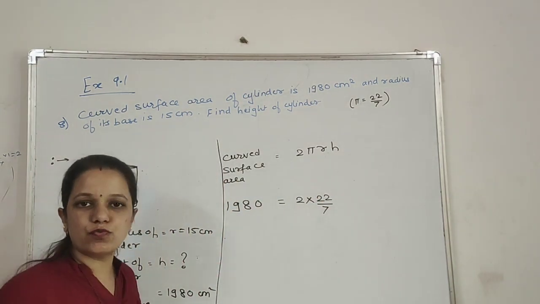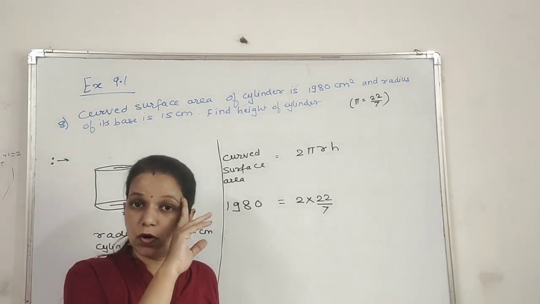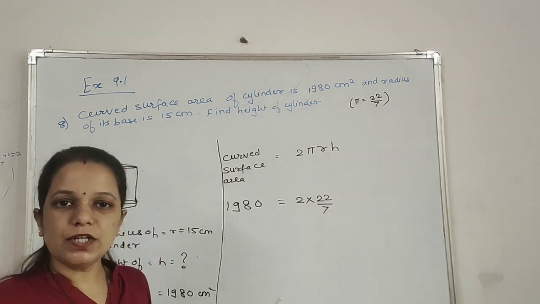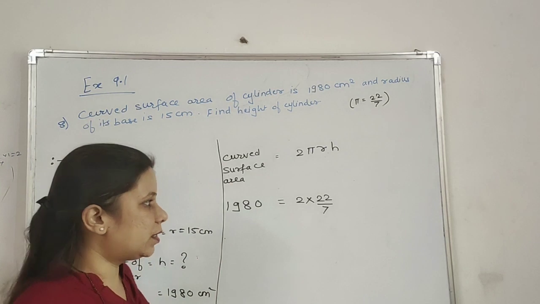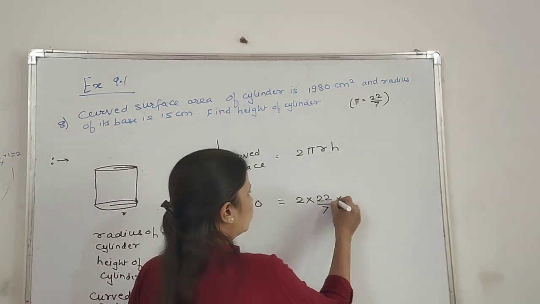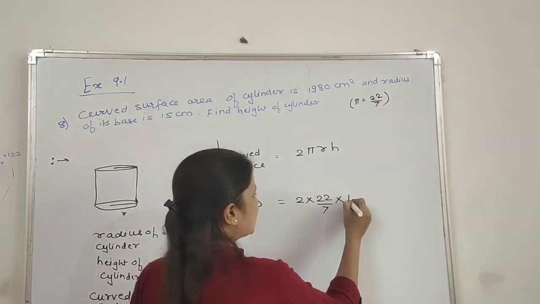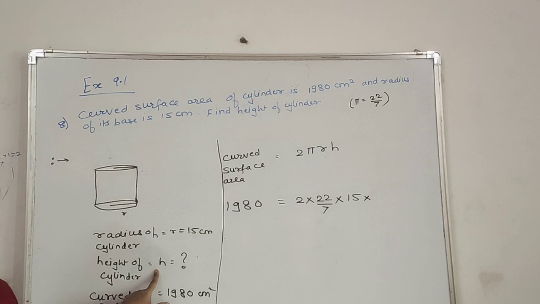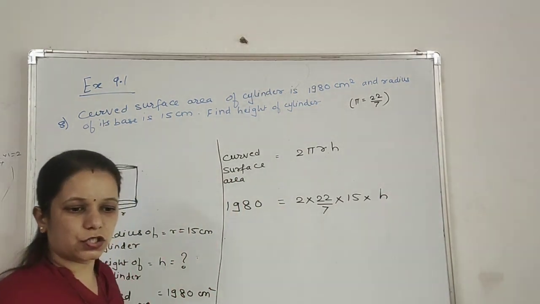You have two values for pi. In the previous example, we have taken it as 3.14, which is the same as 22/7. Which one to use depends upon the calculations. Now here into r. R is the radius, radius we are going to take it as 15. It is given to you. And h, height, we need to calculate it. So height of the cylinder is h.